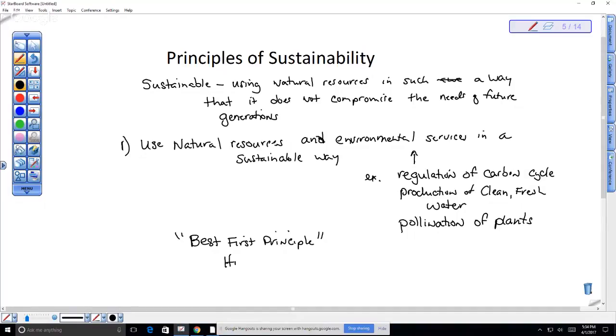So humans use the highest quality of resources first. Okay, this is not sustainable because what happens is that we over harvest.